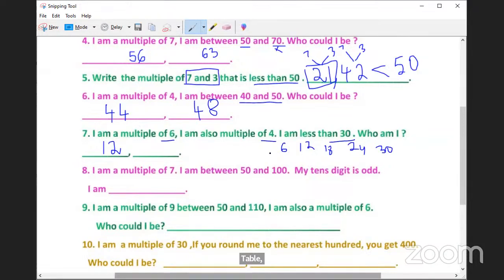In the 4 times table: 4, 8, 12, 16, 20, 24, 28. Okay, so 12 and 24. Are you liking solving this?